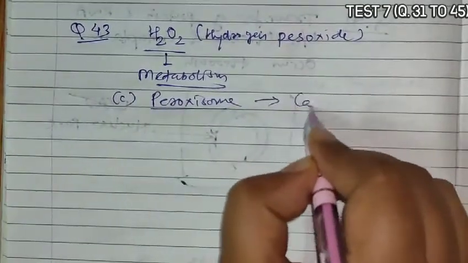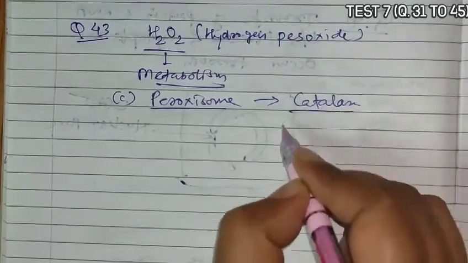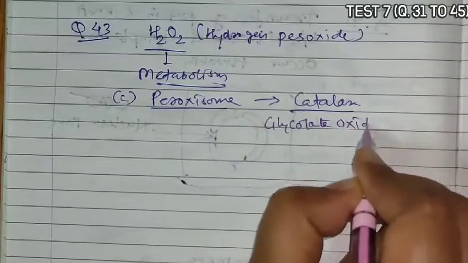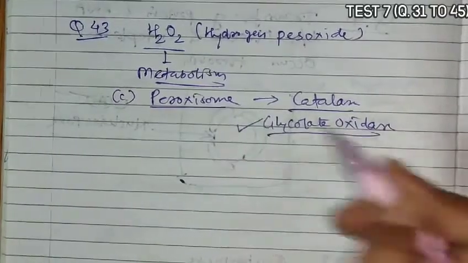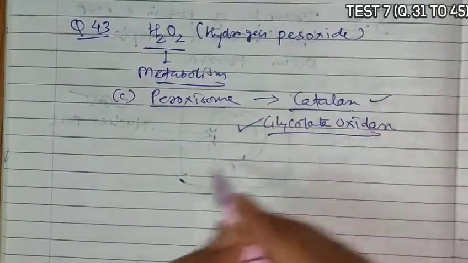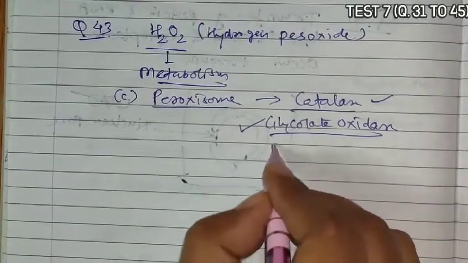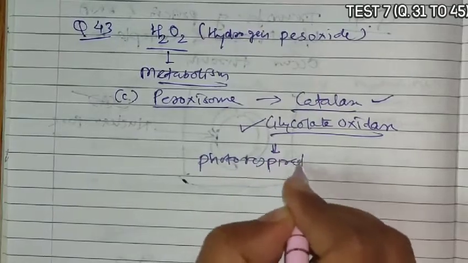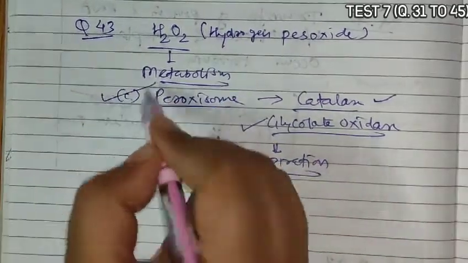Because in peroxisome there are catalase enzyme and glycolate oxidase enzyme. Glycolate oxidase synthesizes H2O2 and catalase is involved in the breakdown of H2O2 during the process of photorespiration. So C is the correct answer.